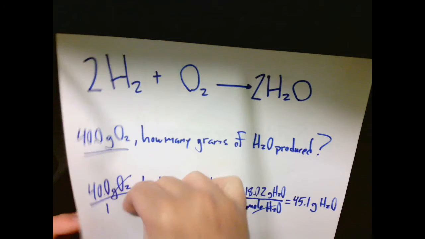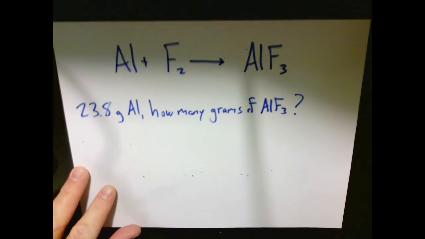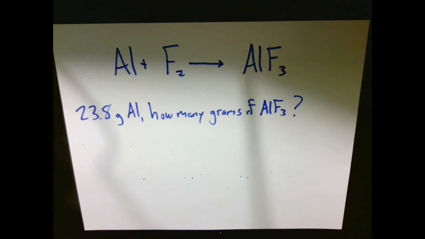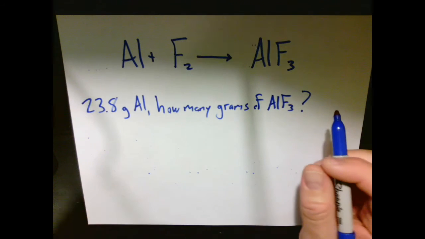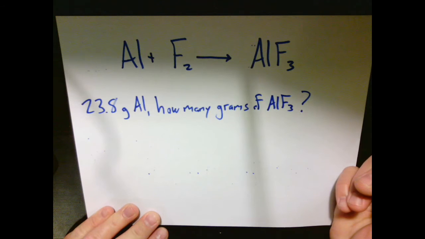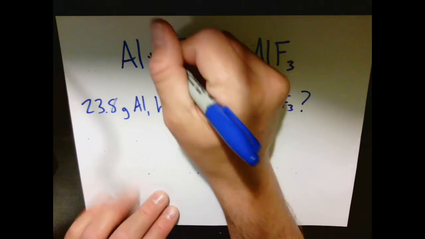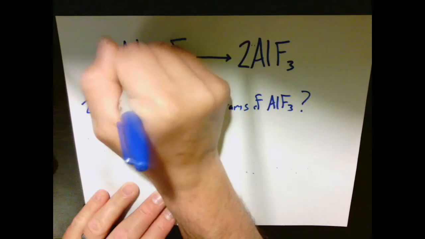All right. Let's look at one more example. Again, another one of our reactions from yesterday. The other one we looked at, aluminum plus fluorine gives you aluminum fluoride. So step 1, we have to balance the equation. Take a second and try to do that. Okay, so again, we put a 3 here, and a 2 here, and a 2 here.